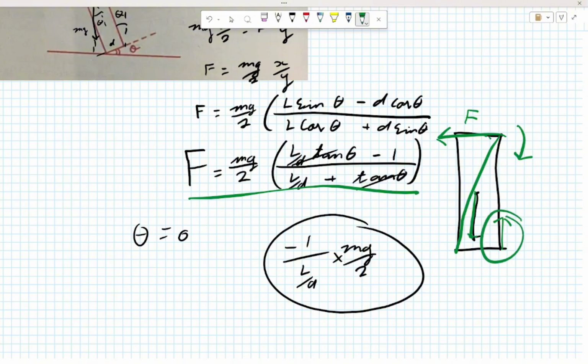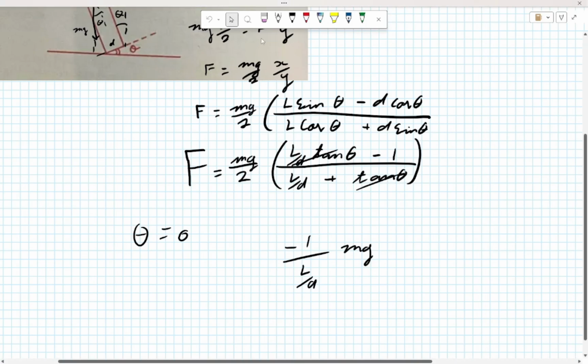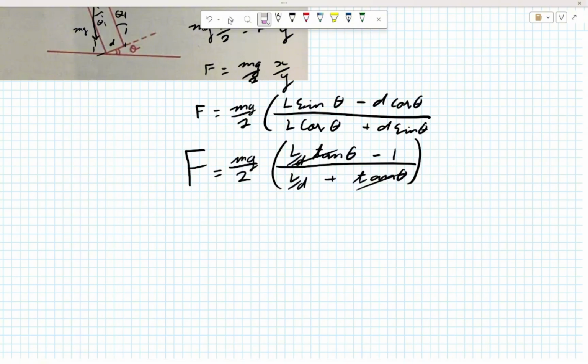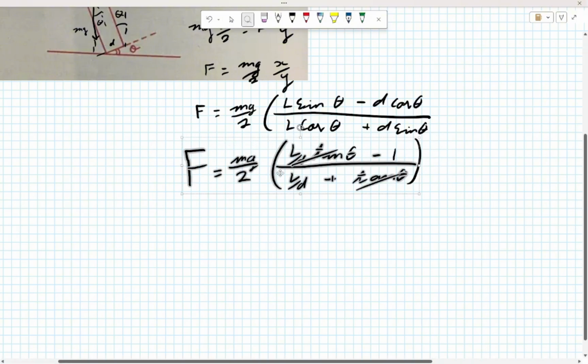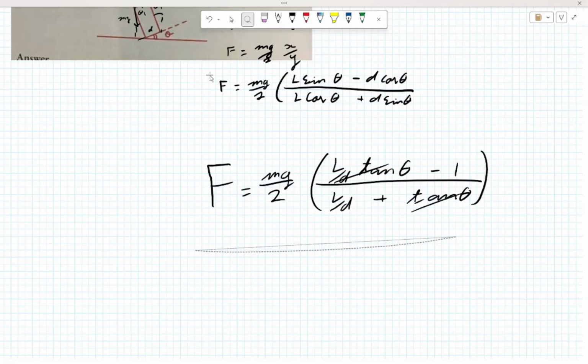So if there was no reaction force, if we just wanted to maintain it there with zero reaction force, we would need an F force acting this way instead of that way. This is why it's negative. So this just shows that our equation really does work. So yes, this is our final solution, right there. I hope you enjoyed the question, and see you next time.